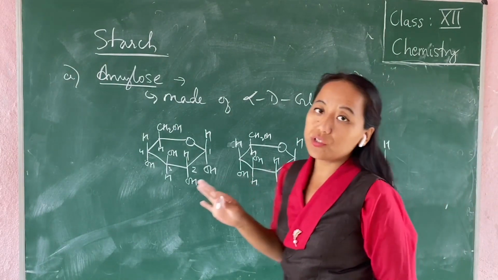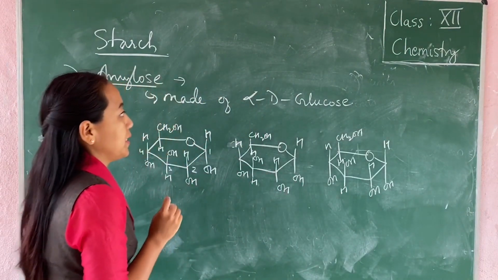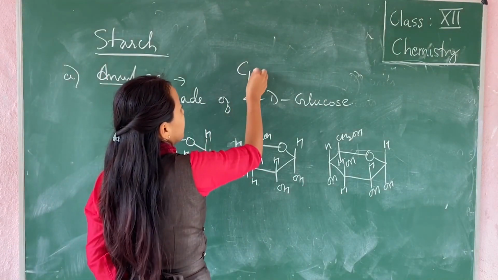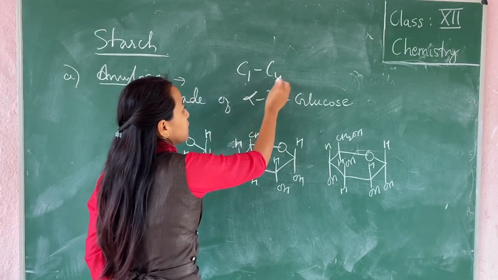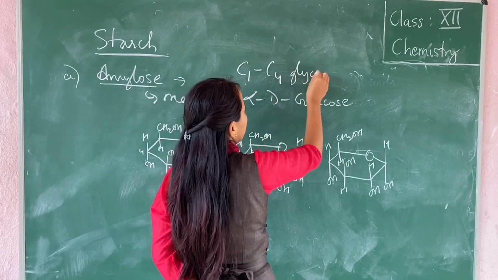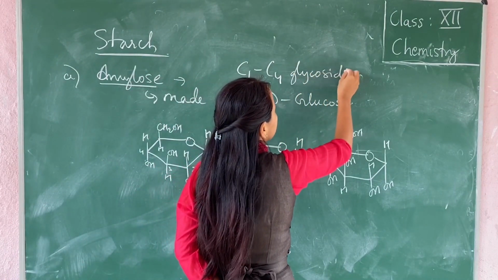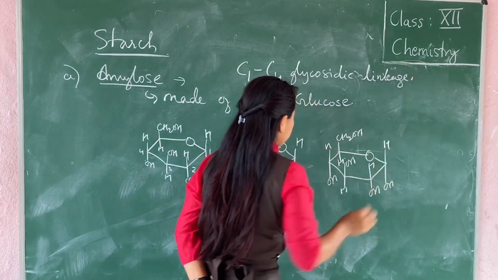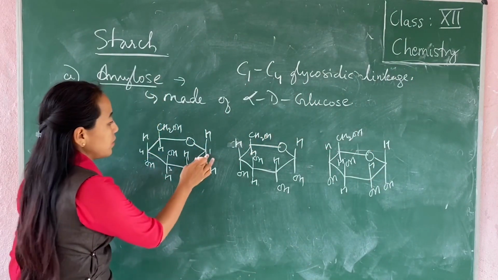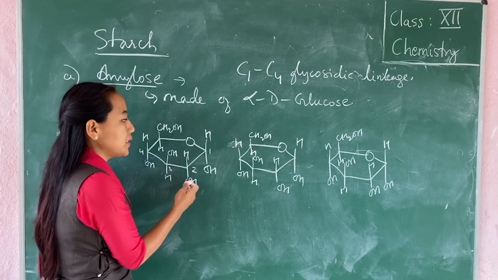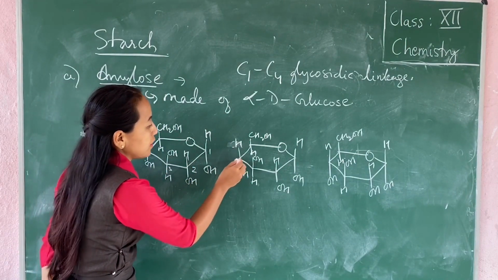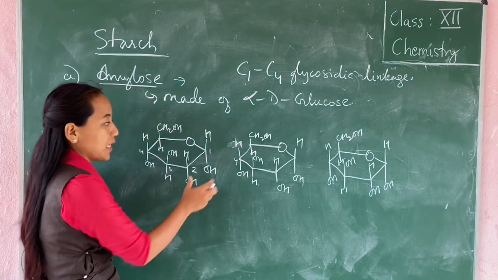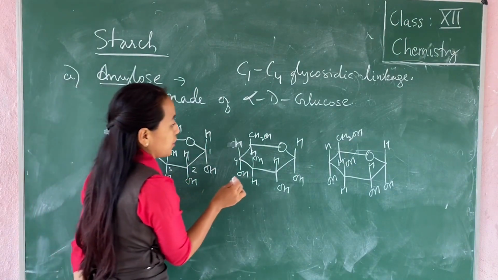Now here, formation of glycosidic linkage takes place between C1 and C4. C1, C4 glycosidic linkage is formed. So C1 of first glucose unit will react with the C4 of the next glucose unit, and it forms an oxide linkage.